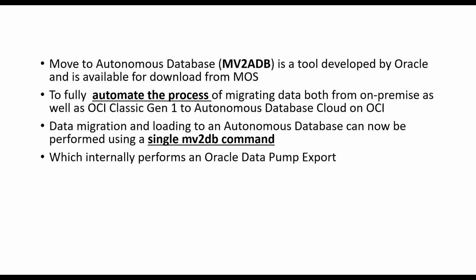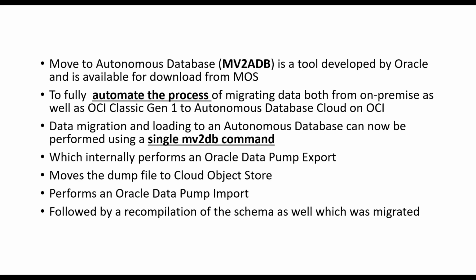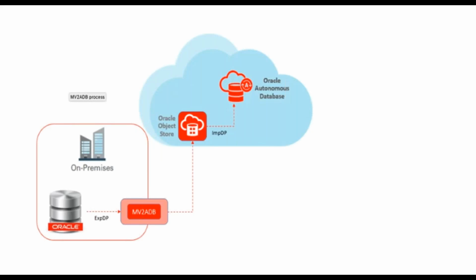in a few slides. Internally, it performs a Data Pump export and then moves the dump files to the object store in the cloud. And from there, import is performed into the target. So MV2ADB internally will invoke EXPDP. First, we take an export to a file system located on, say, the source database server.